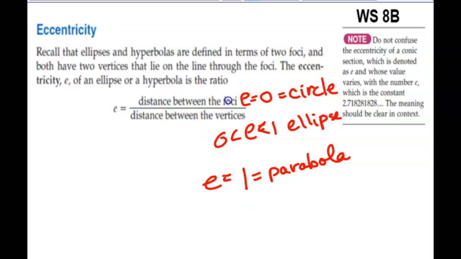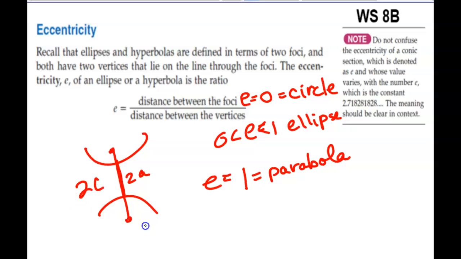What is the distance between the foci versus the distance between the vertices? Which is going to be greater? When you have a hyperbola, the distance between the vertices is 2a, between the foci is 2c. Yes, c is bigger. So if c is bigger than a, when you divide them, you're going to get a number greater than 1. Does that make any sense to two of you who are paying attention? Because the foci are further apart than the vertices.